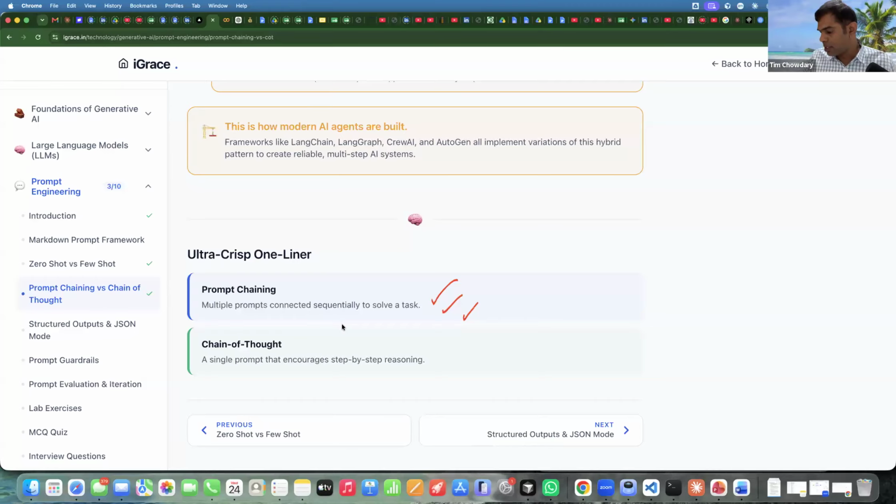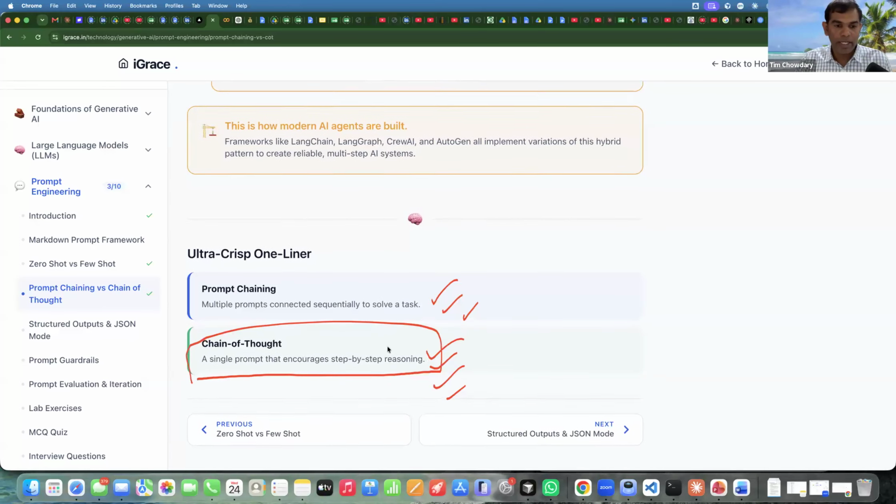That is called prompt chaining. Chain of thought is a single prompt. We are not breaking down the problem into multiple parts, but the output is structured and modular enough. That is prompt chaining versus chain of thought. Clear, or any questions so far?